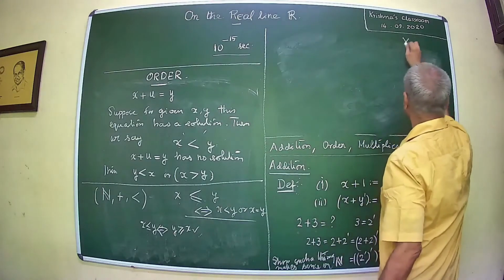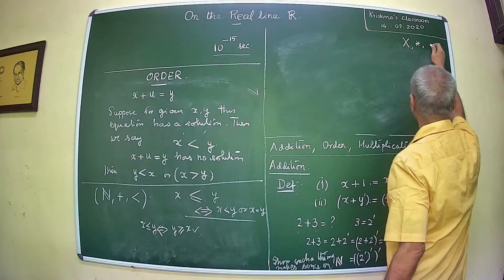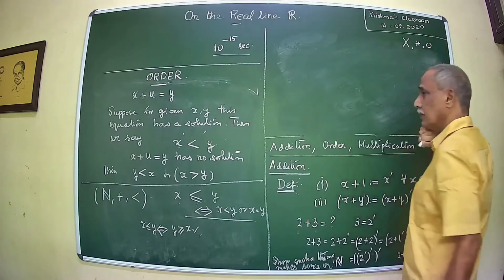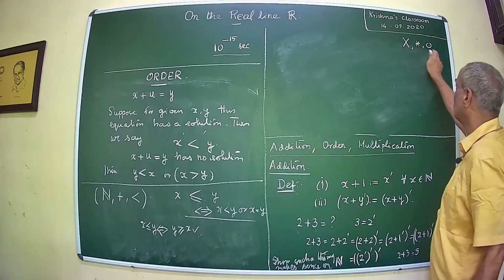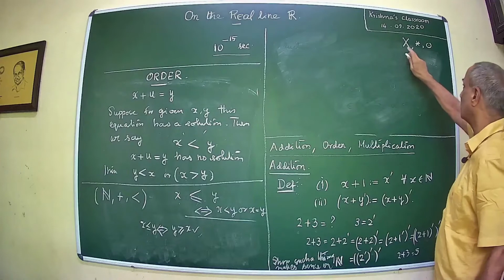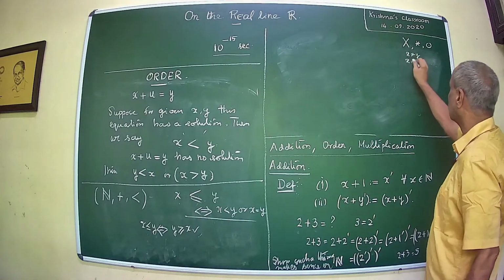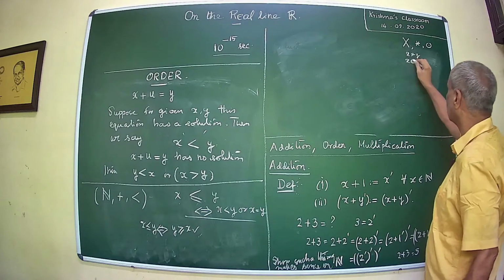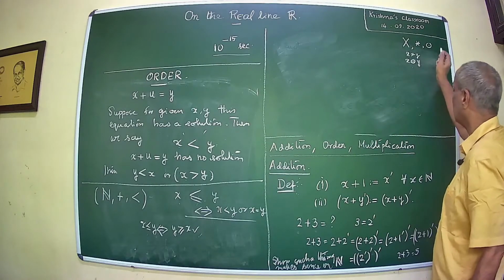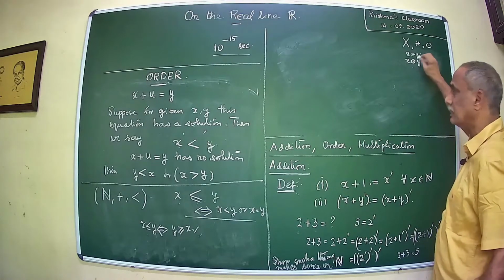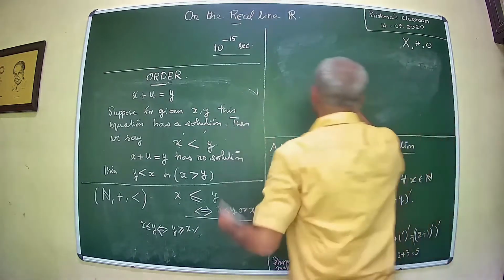If you have a mathematical system with two operations on the same set, then you have to say how these two operations interact together. For example, look at here.